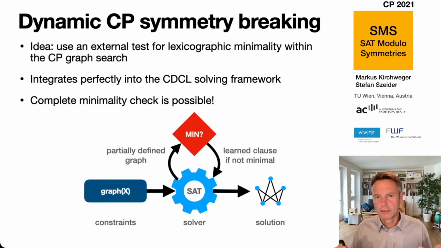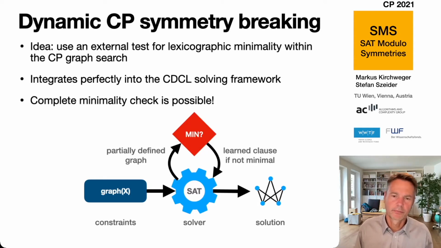So we only encode the graph property with clauses or constraints and feed it to a SAT solver, and the SAT solver then frequently calls an external propagator, a complete minimality check. When this graph, which might only be partially defined at this stage, is sent to the minimality check, the check tests whether this partially defined graph can be extended to a minimal graph or not. If it can't be extended, then a clause is learned and sent back to the solver.